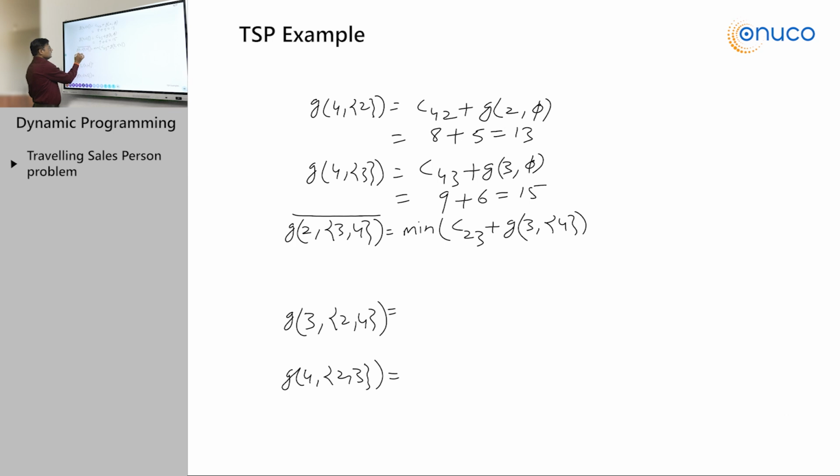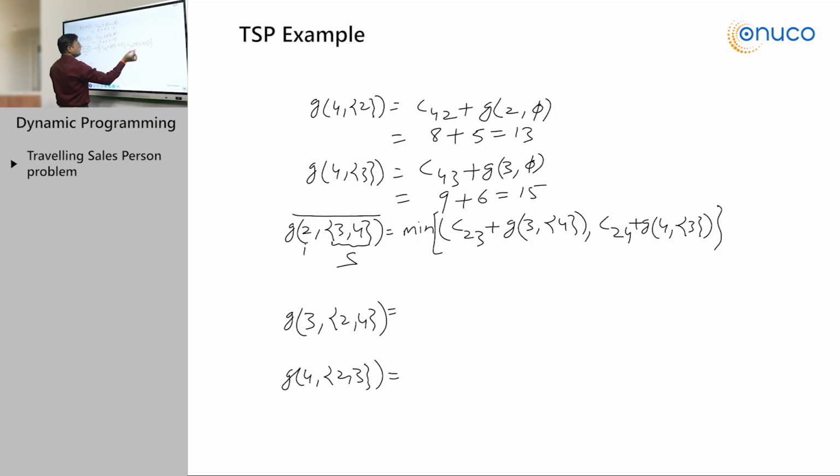Again I will tell you, this is i, this complete combination is S. From this we got the option, either you select 3 or 4 as j. So first time I have selected 3, so the left out element is 4. Second time, these values we are getting, now we have a comma and we have C of 2, 4 plus g of 4, comma, 3, 4 minus 4, which becomes 3. So we have a 3.